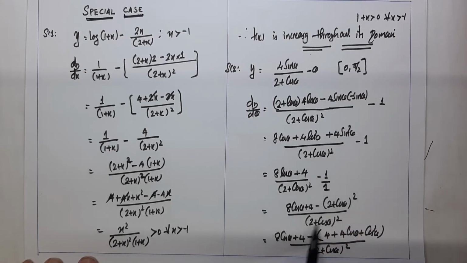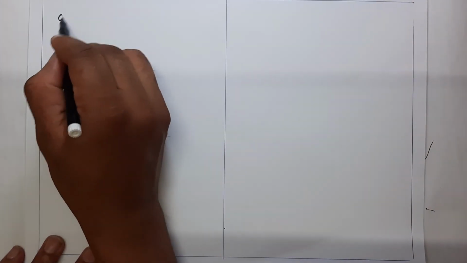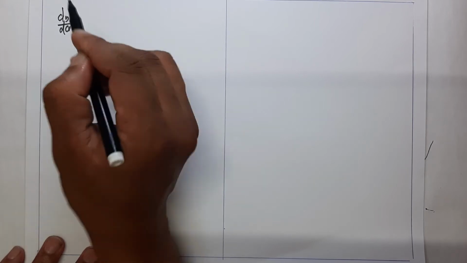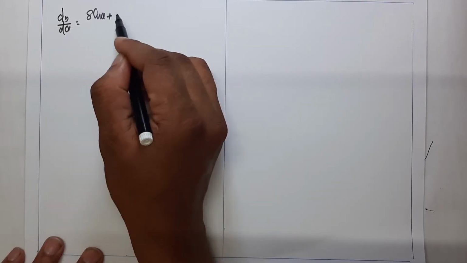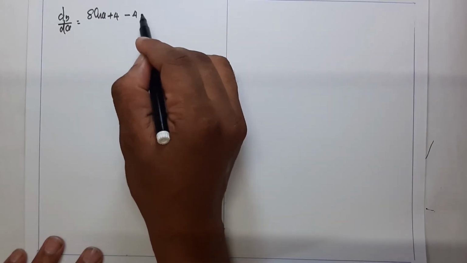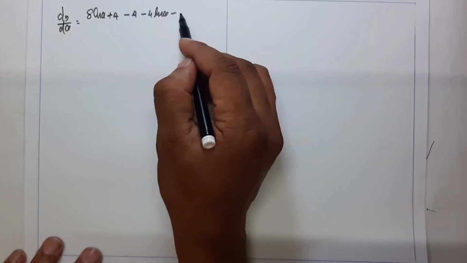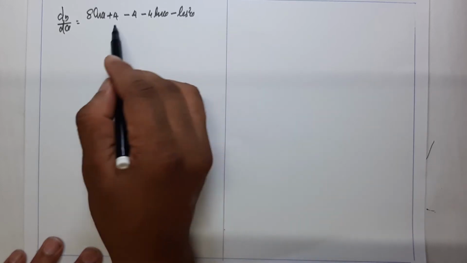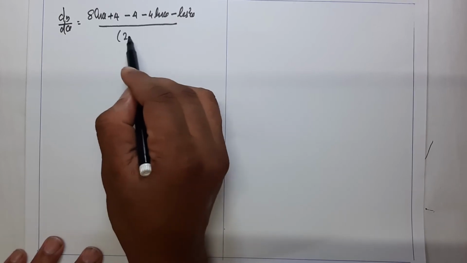Now simplifying this term using the identity a plus b the whole square equals a square plus 2ab plus b square, and multiplying the minus with each term, we get dy by d theta is equal to 8 cos theta plus 4 minus 4 minus 4 cos theta minus cos square theta, the whole divided by 2 plus cos theta the whole square.